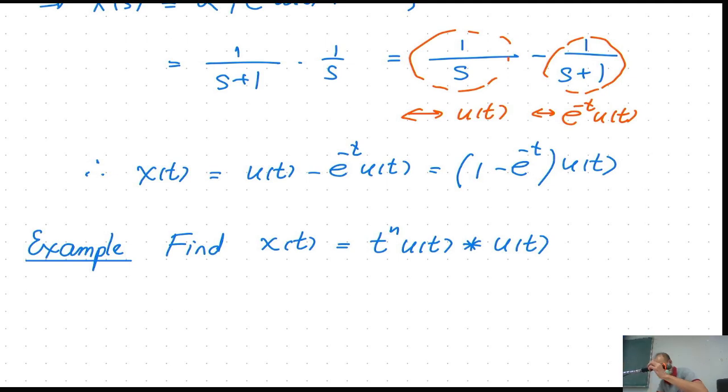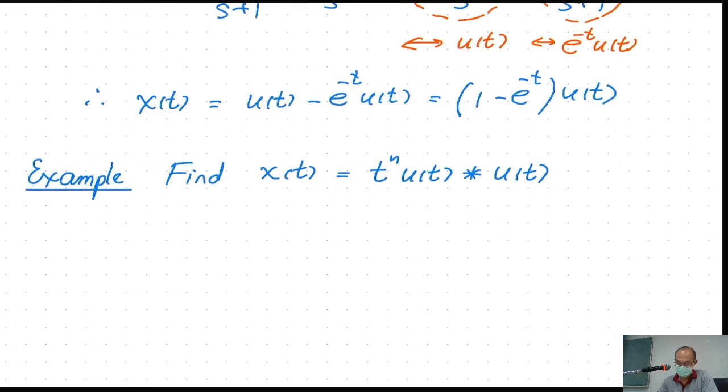Can you do it? Did you come up with the answer? So we are going to take our usual steps, right? Convert it into the S domain by recognizing the Laplace transform of t to the n u(t).